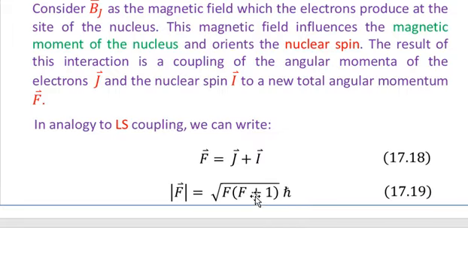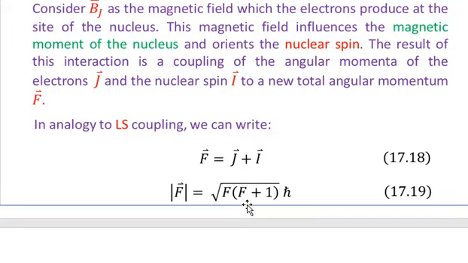So this F within the square root sign is actually the total quantum number of the atom.